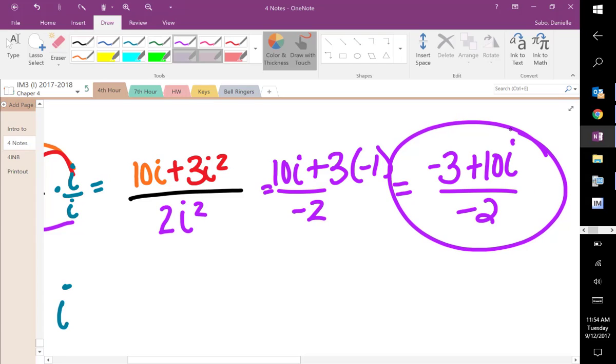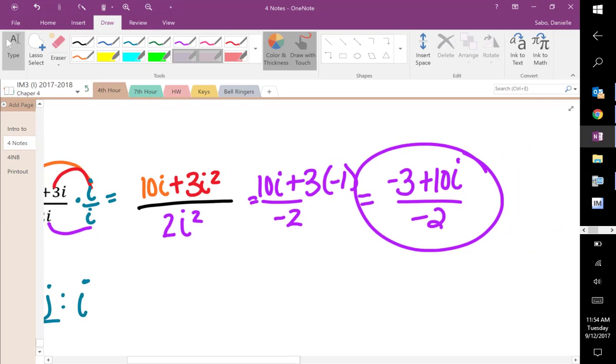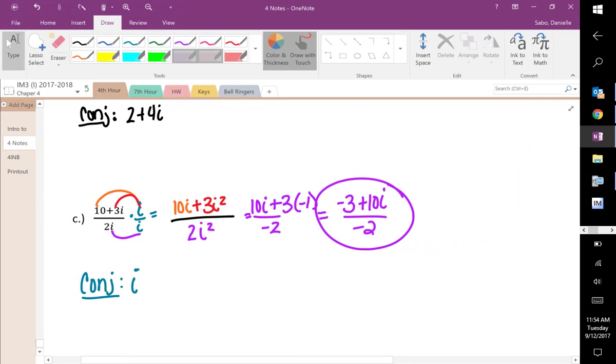I switch it because that's technically the proper form. But if you would have left it not switched, you wouldn't have been marked off. Because if you notice the way everything's written, it's always the number and then the i comes second. If you didn't switch it, I would not mark you off.